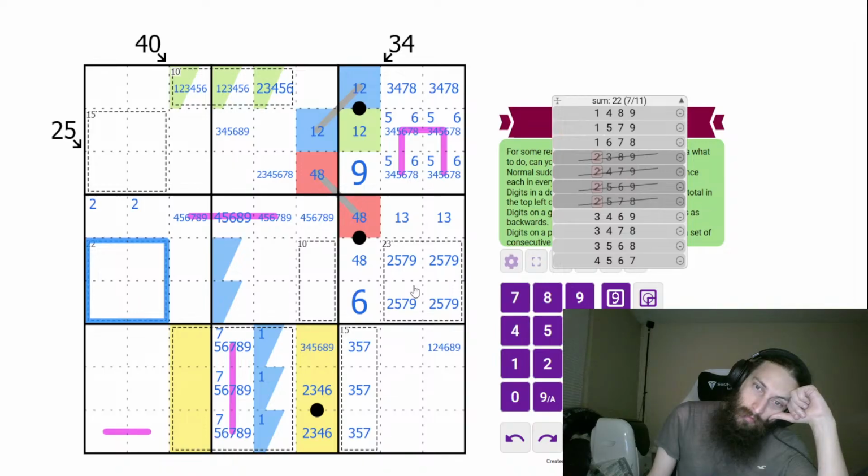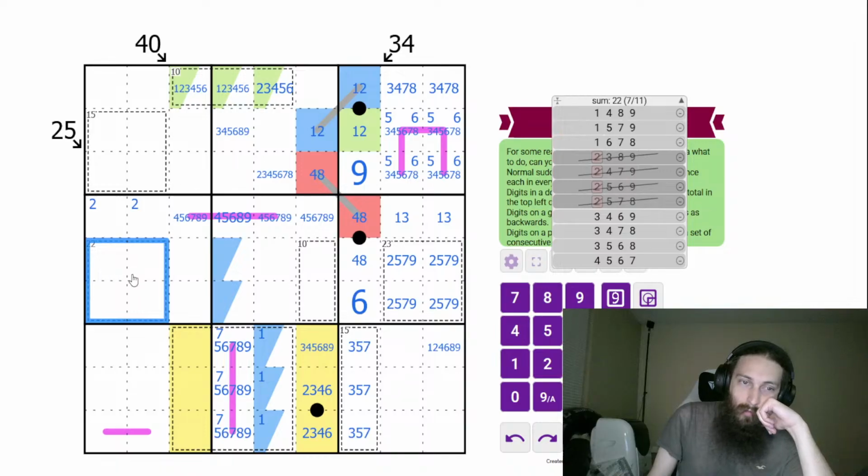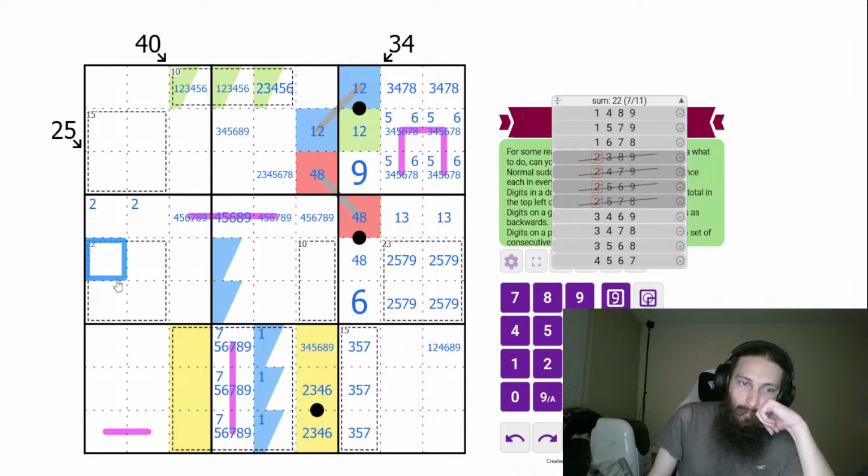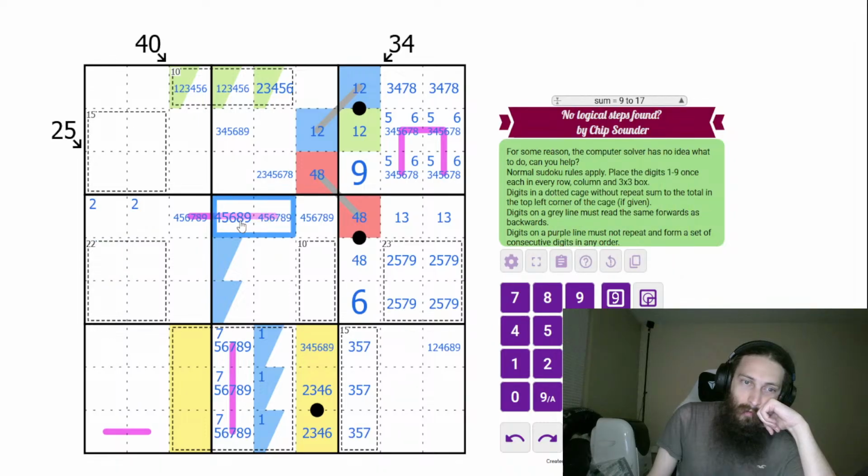Oh. So if I put a 9 over here, then the 9 has to be up here. These two have to be on the Renban.